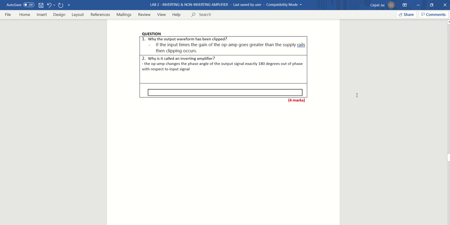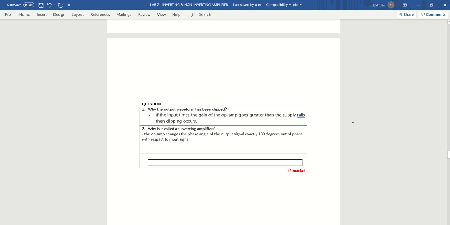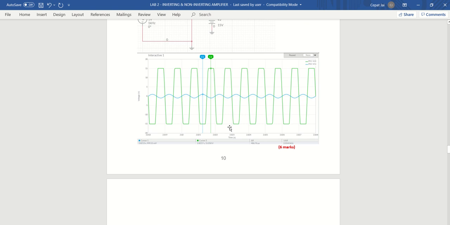The question: why has the output waveform been clipped? I can answer that if the input times the gain of the op amp is greater than the supply rail, then clipping occurs. What I understand is that clipping means the waveform is cut.